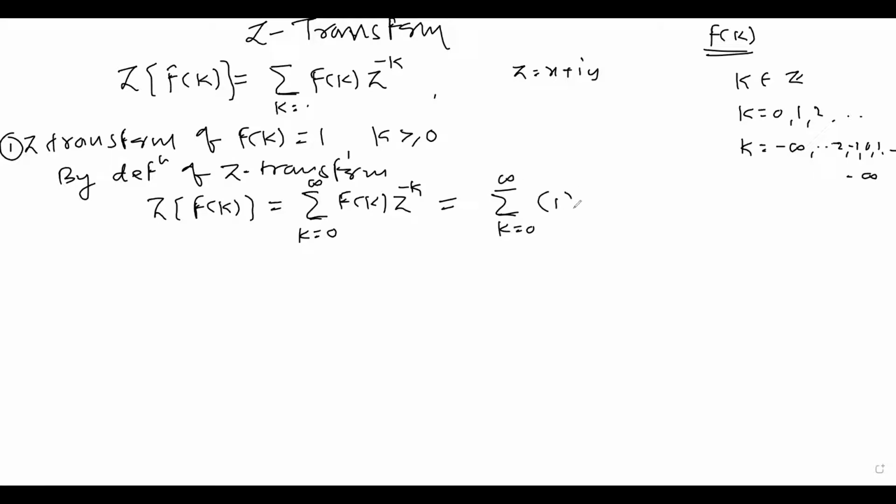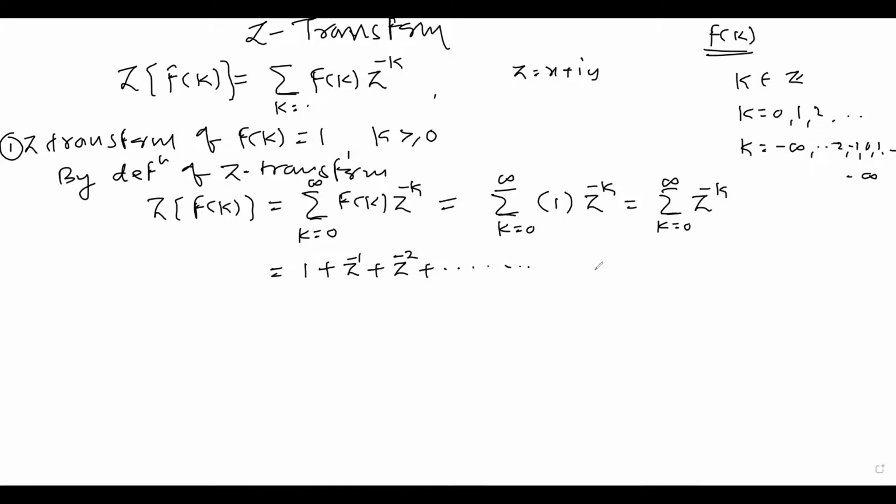The value of f of k is 1, so it is simply z raised to minus k, and k is running from 0 to infinity. Now put the value of k: put k equal to 0, z raised to 0, that is 1, plus put k equal to 1, z raised to minus 1, plus the next value z raised to minus 2, and so on up to infinity.